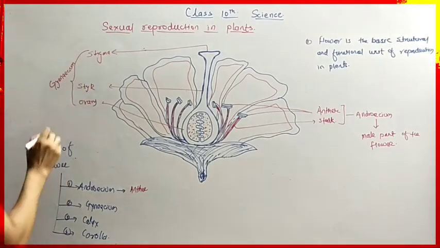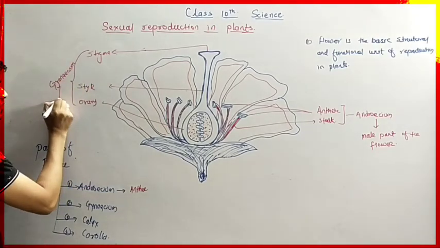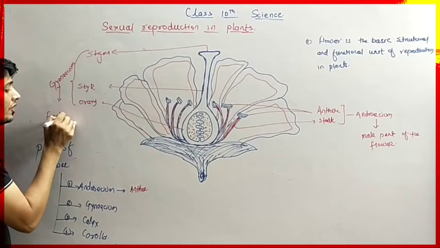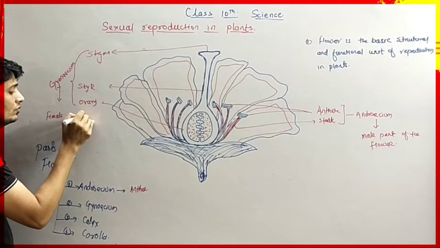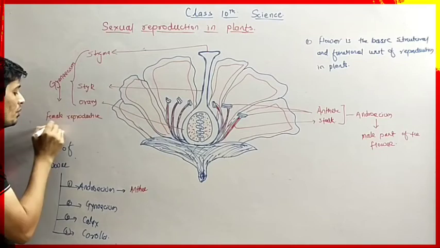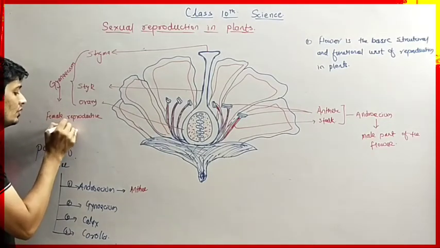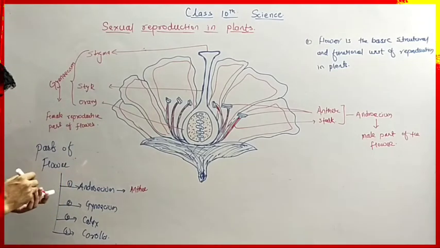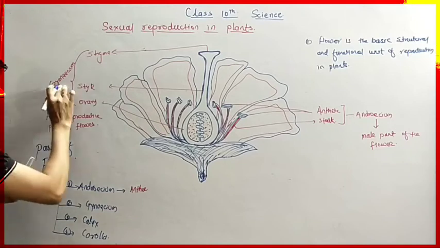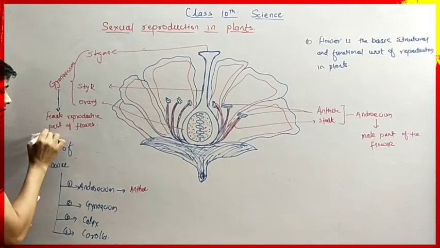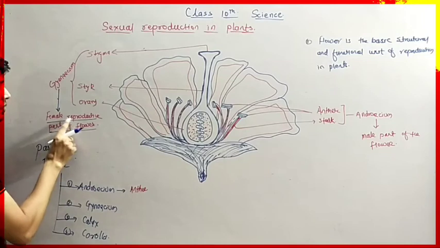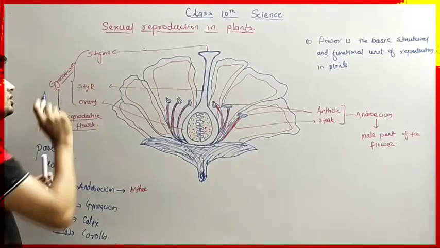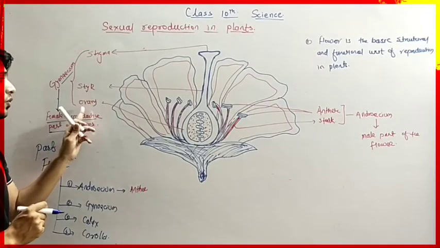So what is gynoecium? Gynoecium is the female reproductive part of the flower. Remember, this is a very important part. Gynoecium contains stigma, style and ovary.